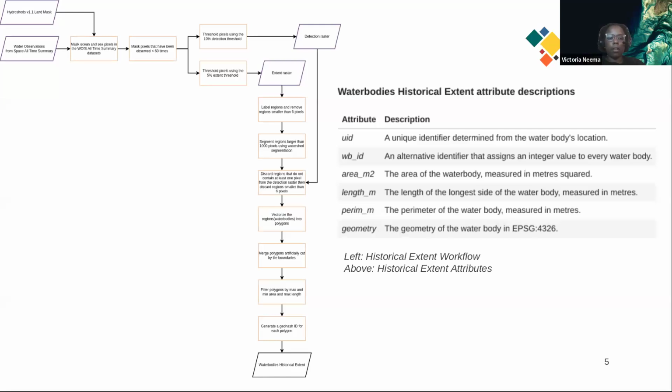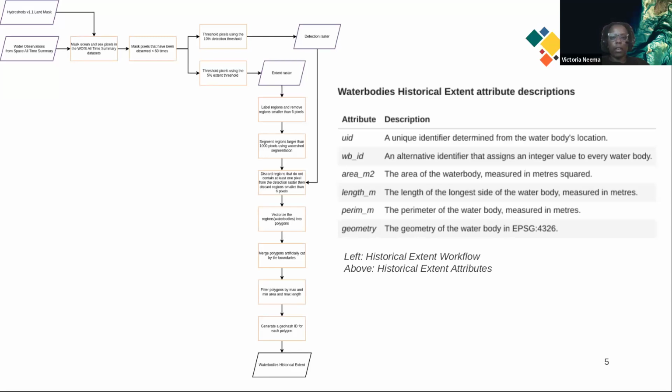We also have on the right the attributes that are included for each of the water bodies that we've identified. So they have 2 unique identifiers. One is the UID, a geohash of the centroid of the water body polygon. Then the WBID is an integer derived from the geohash. Water bodies that are close in terms of the WBID tend to be near each other.